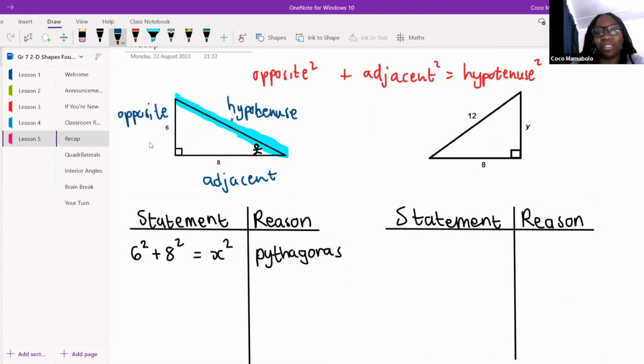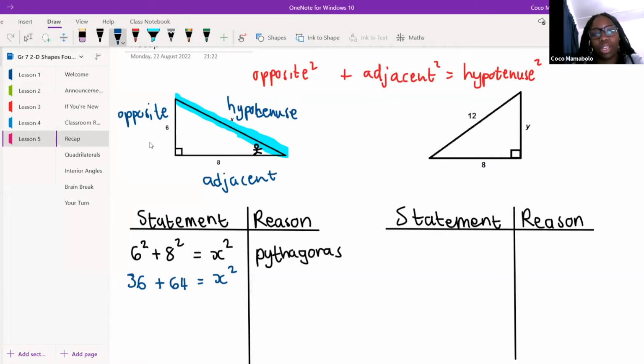Thank you, Smita. It is 36. Well done. 36 plus, what is 8 squared? 64. Excellent. So 36 plus 64 is equal to x squared.